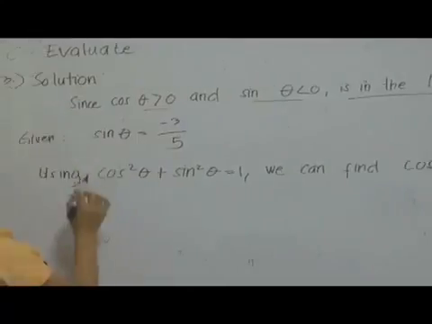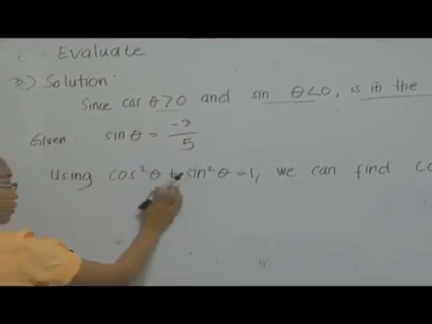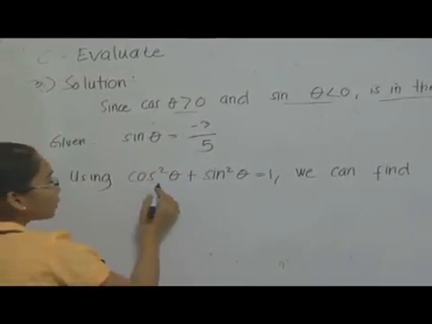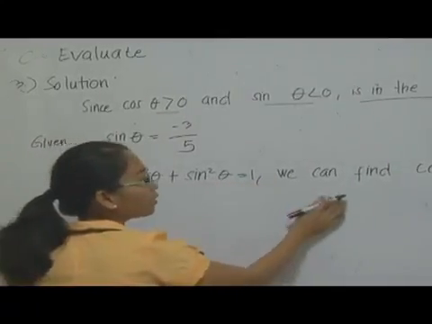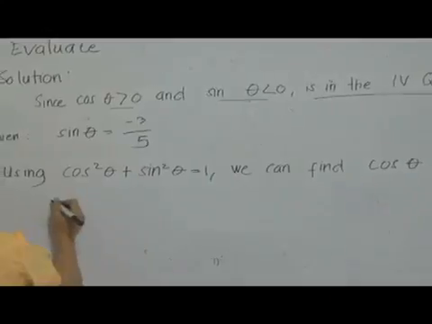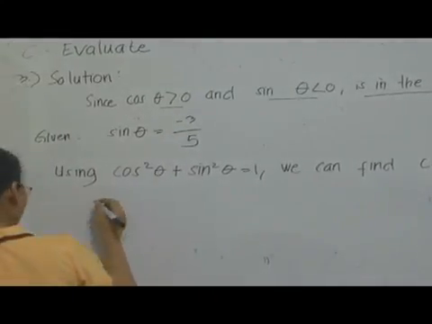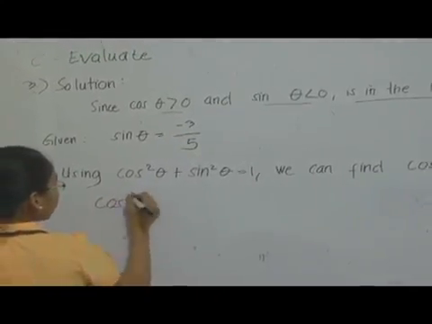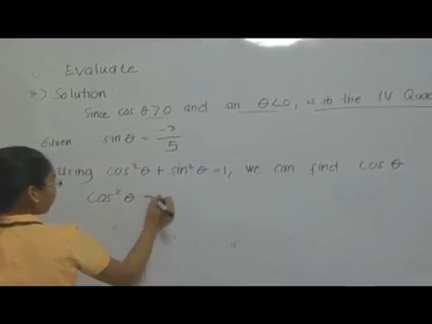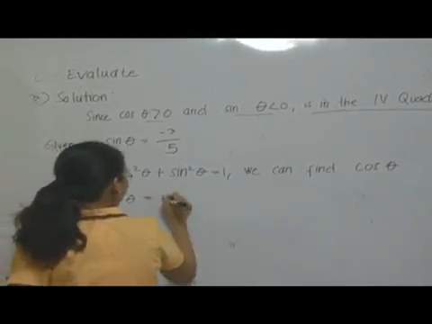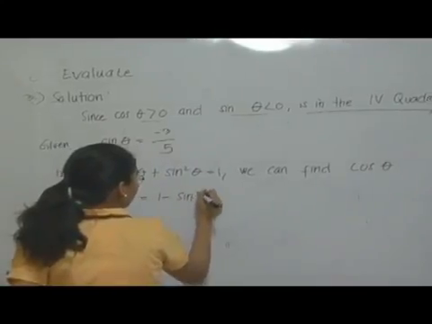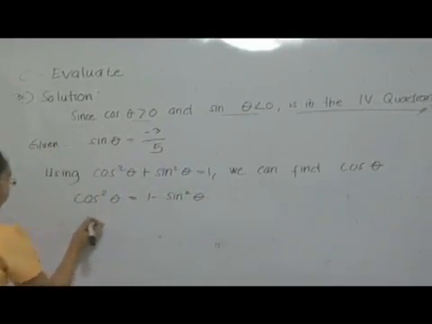Now the given is sine theta is equal to negative 3 over 5. Using cosine squared theta plus sine squared theta is just equal to 1, we can find the cosine theta. Cosine squared theta is just equal to 1 minus sine squared theta.